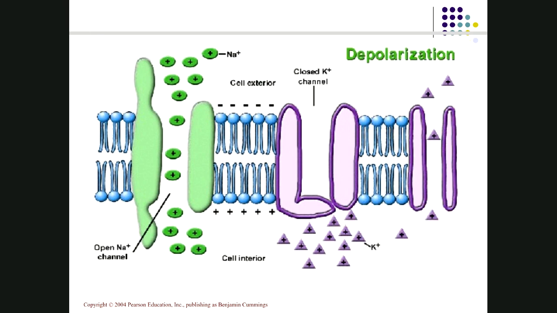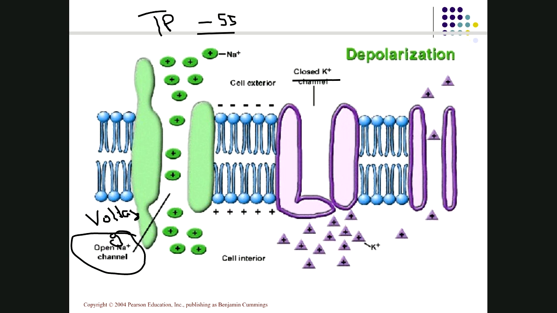So here's what those channels look like. Right here is where threshold potential is, because what happened at threshold, which is about -55, is this. That's our voltage-gated sodium channel. Look, it's open. This one right now is still closed, but we're at -55.